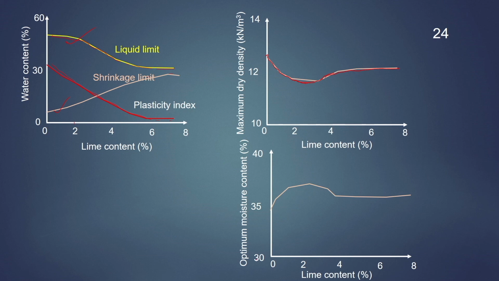Similarly, when we check the optimum moisture content and lime content relationship, initially there will be an increase in the optimum moisture content, and then it will decrease, and then it will remain constant. So, by adding lime to the soil, the maximum dry density will decrease and optimum moisture content will increase.